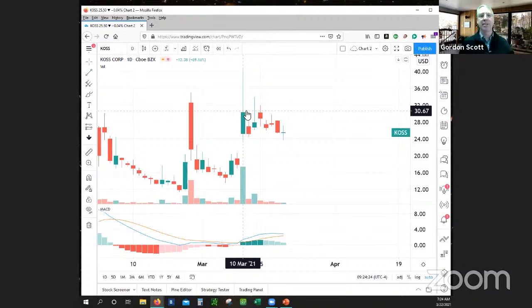GameStop got up into the 290s, and I saw it just couldn't break 300, so I went ahead and took the profits there. I wasn't Michael Burry; I just thought there looked like a trade here. I set my stop really low and took a smaller profit, a risk 2 to make 1 ratio, and it worked out. It was a great trade, and that's all I need.